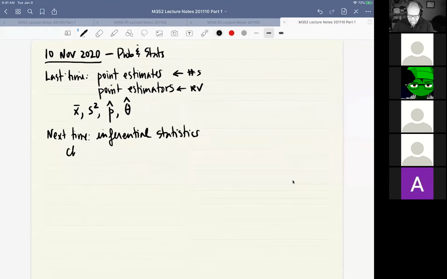And this comes at us through chapter 5 and chapter 6 in the, what's the author's, Navidi? Yeah, Navidi text. Chapter 5 is on confidence intervals. And chapter 6 is on hypothesis testing.